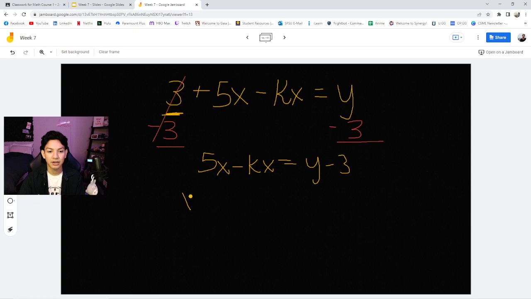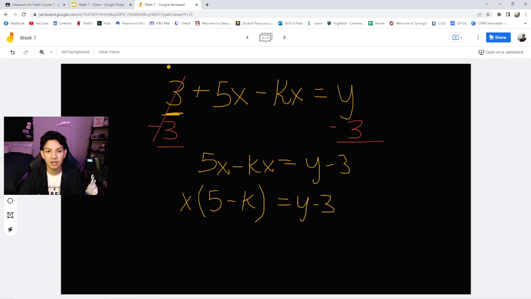If I take out an x, what I'm left with is 5 minus k. This makes sense because if I distribute this x back into 5 minus k, I get x times 5, which is 5x, and x times minus k, which is minus kx. So these are the exact same things, okay?